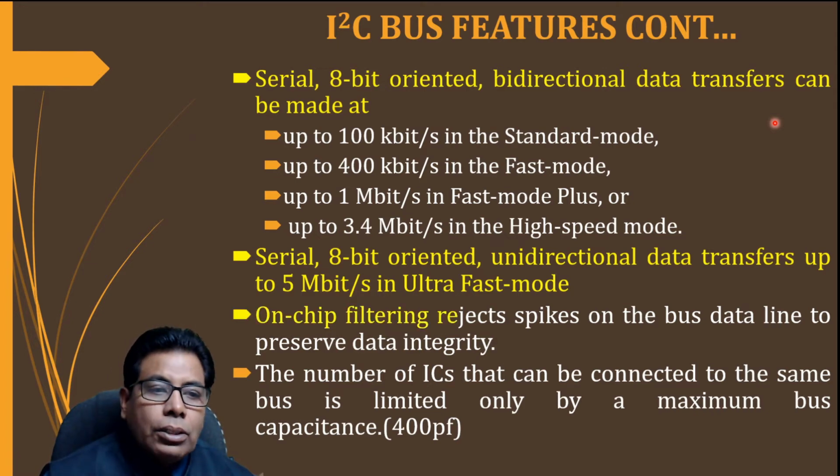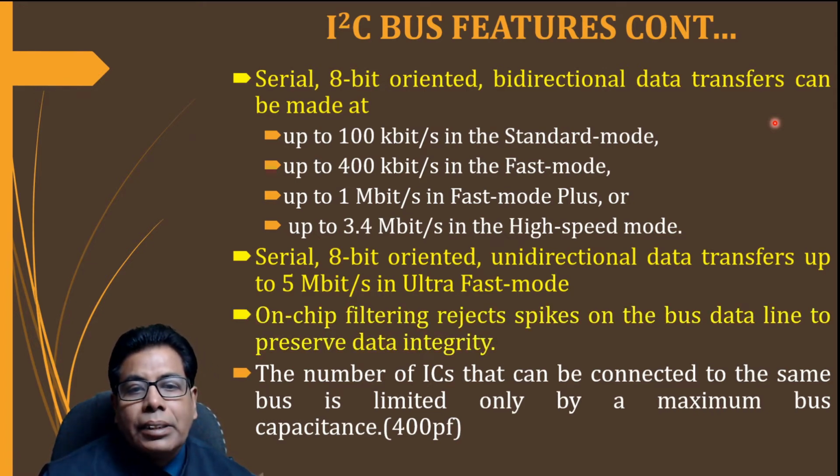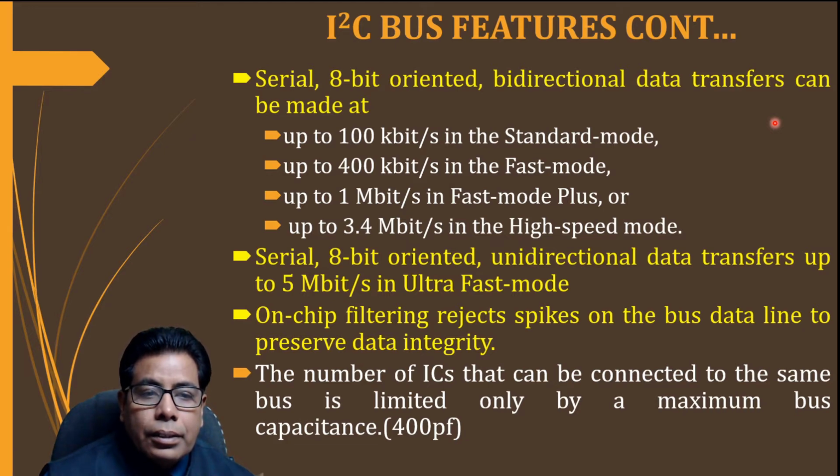Then the on-chip filtering rejects spikes on the bus data line to preserve data integrity. If the data is getting corrupted because of spikes, the on-chip filtering will reject the spikes so that the data integrity is maintained.